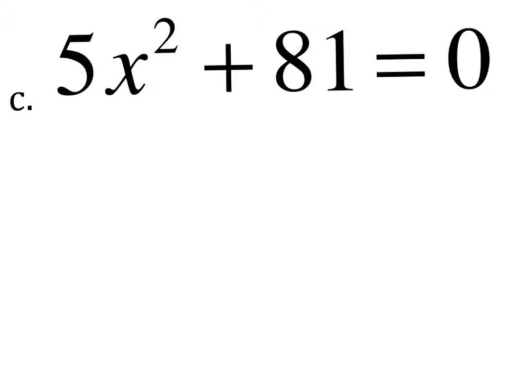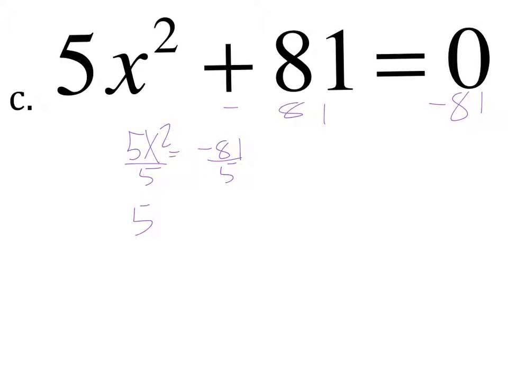5x squared plus 81 is equal to 0. I'm going to take a look at this by subtracting 81 from both sides. And we get 5x squared is equal to negative 81. Divide by 5. And I get x squared is equal to negative 81 over 5. Nice. Okay.